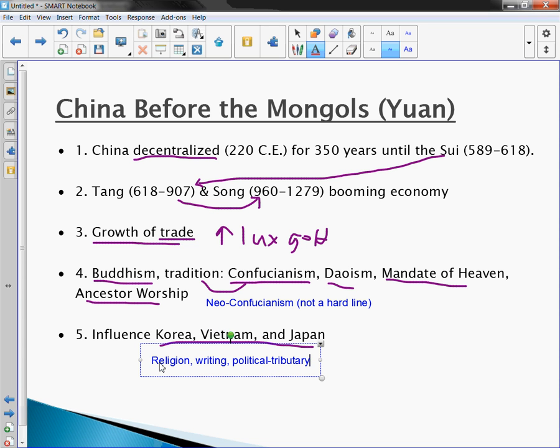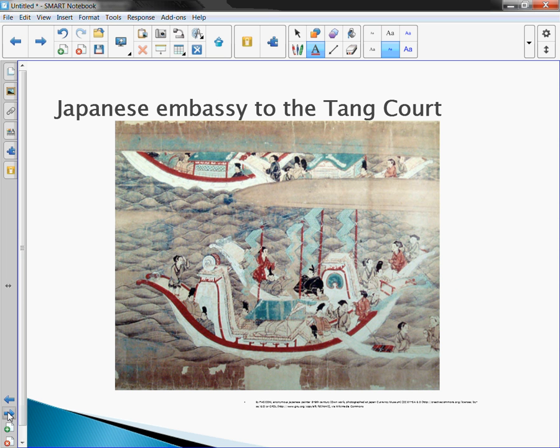They were really under the shadow of China during this time period, especially during the Tang. You can see this here with the Japanese embassy sending boats to the Tang court.